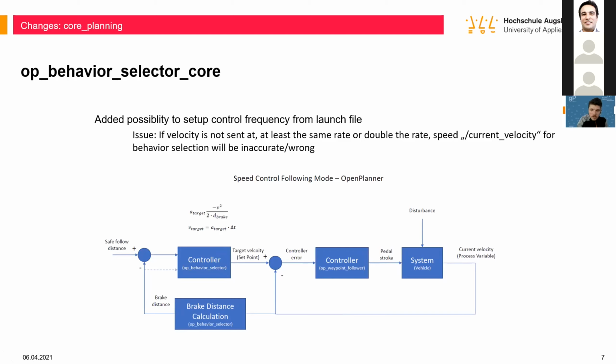Yeah, I'll check again on this, but basically for me, it's not really important if I use this one. I was just using it because I thought, okay, then we have it kind of clean, and I don't introduce some other controller into the system that's not tested by the team or by the whole system. So for me, I could also just use the target velocity from the OP behavior selector, because this is right now really good.